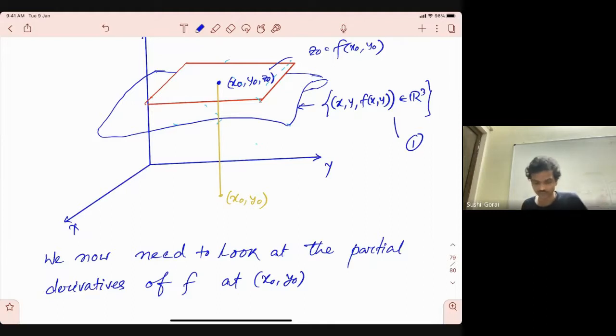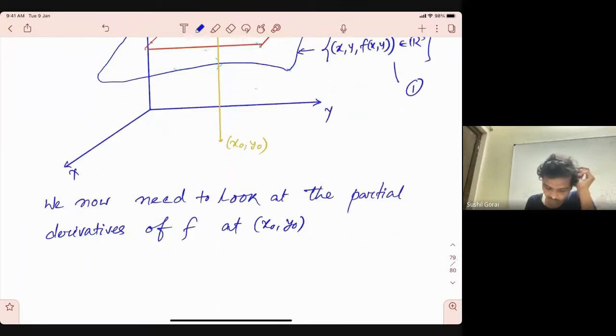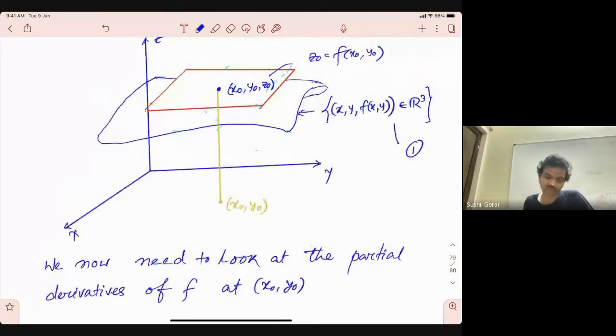So z naught is f of x naught, y naught. We need to look at partial derivatives. Now, what are partial derivatives? Let us try to understand again. I have done it once.